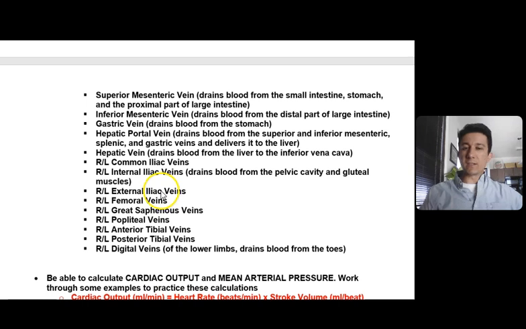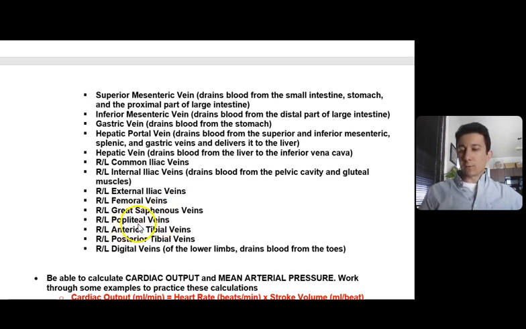The external iliac veins are mostly receiving blood that's being drained from the lower limbs back up to the heart. So we've got the femoral vein, which parallels the femur in the thigh. The great saphenous vein, which is actually the longest vein in the human body. It goes pretty much from the hip joint all the way down to the feet, and it also serves to drain blood from the lower limb back up towards the heart.